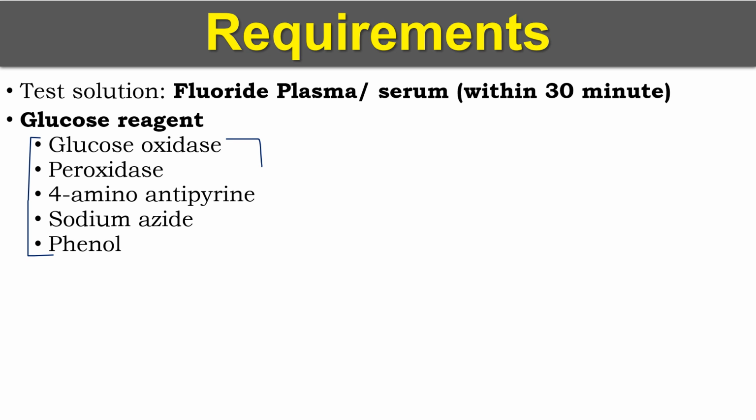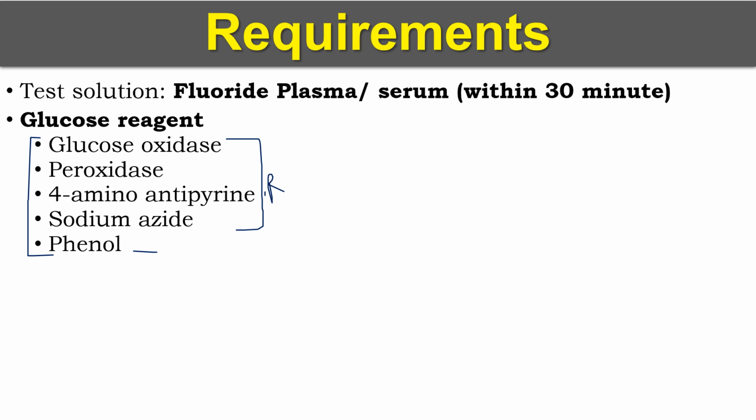Here these 4 compounds will be in reagent 1 and this will be in reagent 2. All the reagents we are going to prepare in a buffer system, that is phosphate buffer, whose pH will be 7. So glucose oxidase we require roughly 650 units, peroxidase roughly 500 units, 4-amino antipyrine 20 mg, and sodium azide 30 mg for 100 ml of reagent.